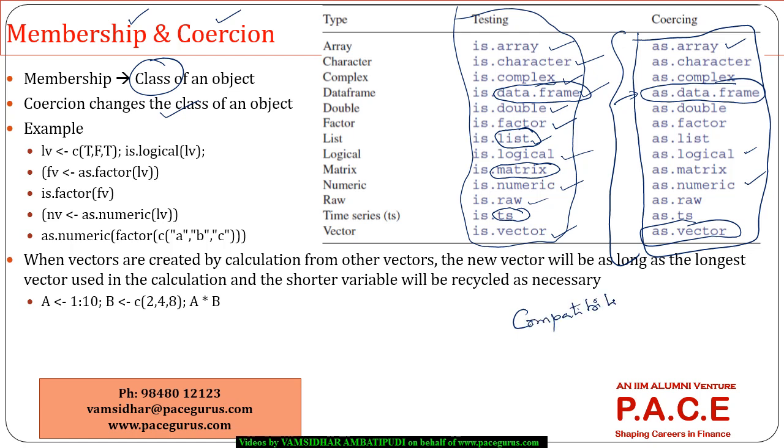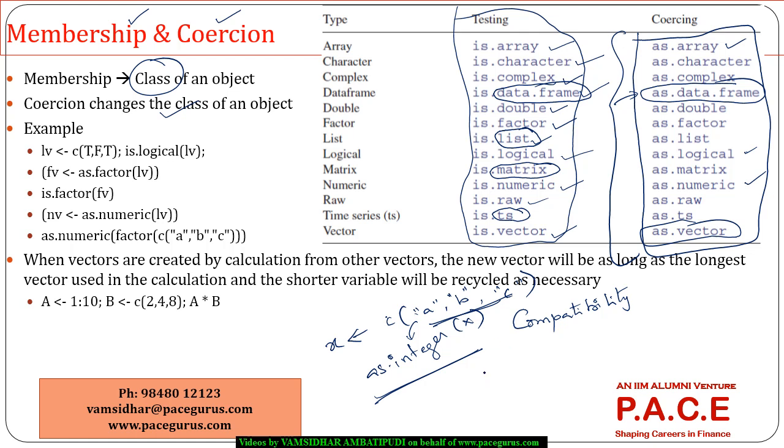It's like if I have an original vector x, taking the values, let's say a, b, c, which are characters, right? Now I can't say as dot integer x, because of course these characters cannot be converted into integers, so I can't convert them.